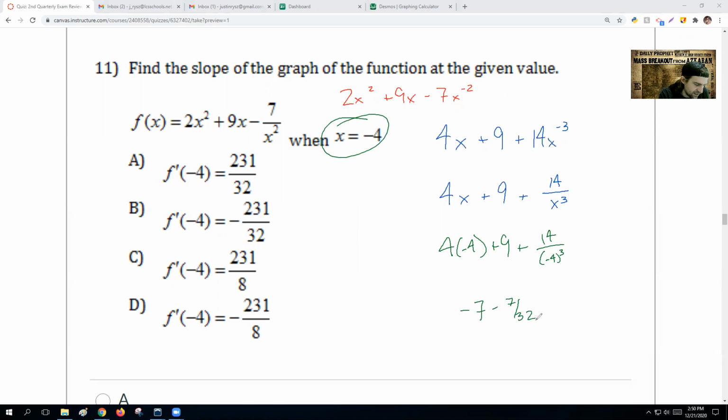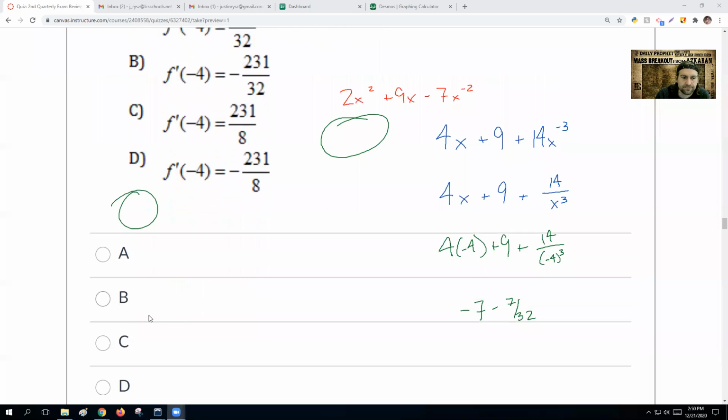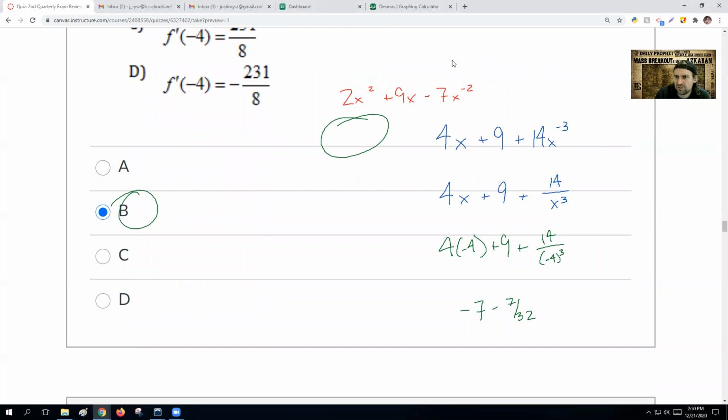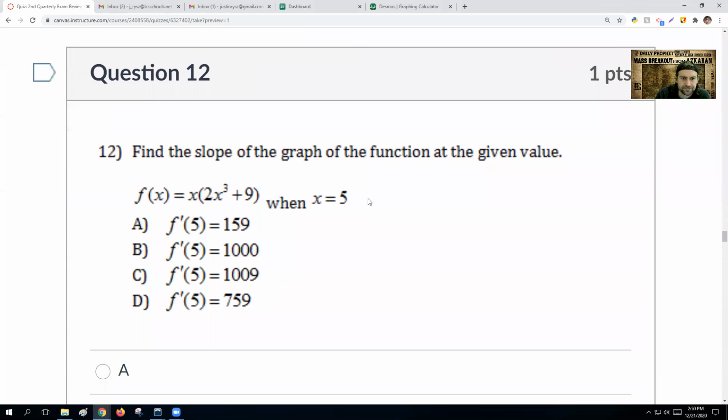All right, so what's -7 minus 7 divided by 32? Math, enter. On our calculator here, it would be -231 over 32. You can get decimals, just double check to see what the decimals equal here.